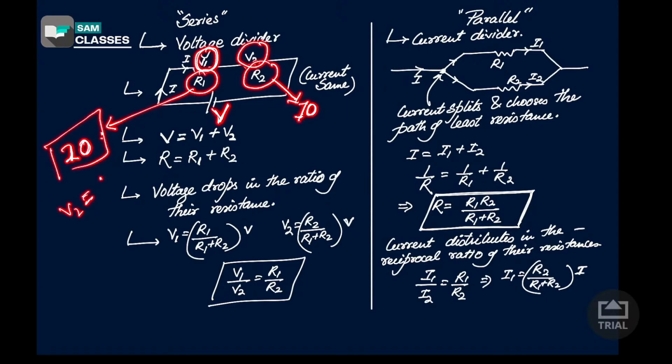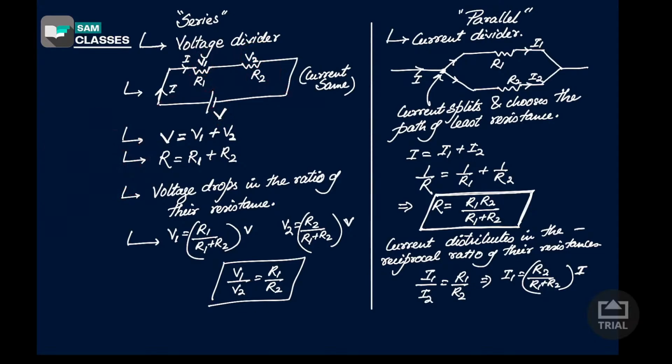Current is the same. So V2 is equal to I into R. Since its resistance is more, what will happen? Will the V2 value be more? Yes or no? See, the voltage drop across this, will it be more if the resistance is more? Yes or no?